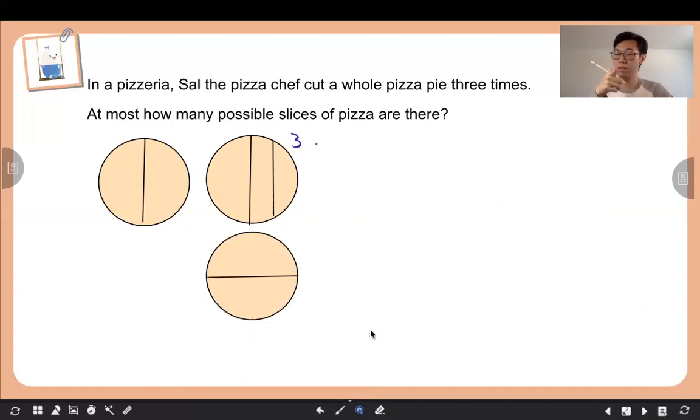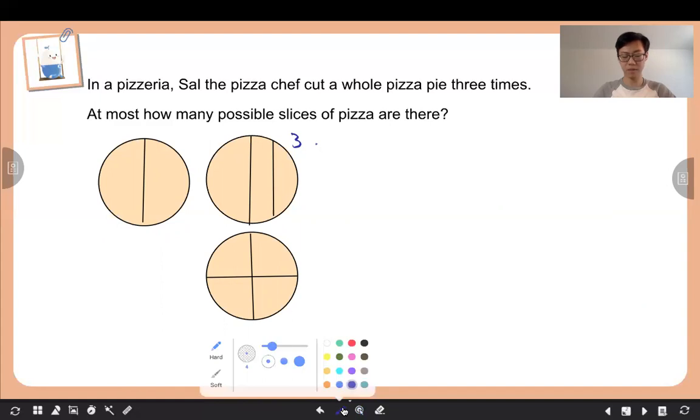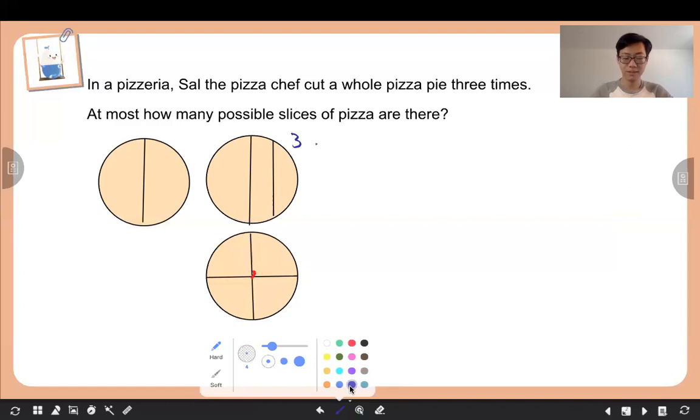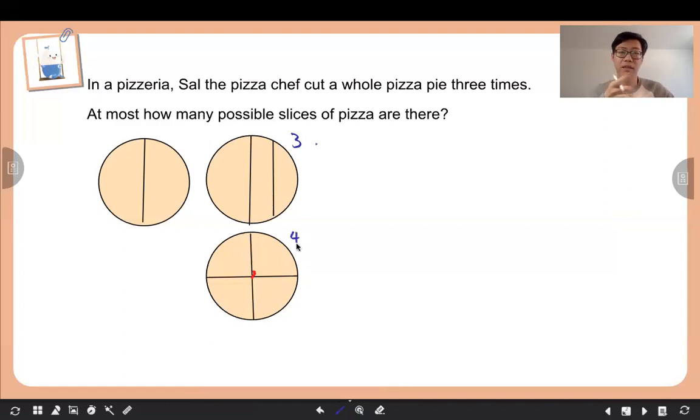Well, look carefully. Right? That's how we normally see our pizza being cut. That is, we have an intersection in the middle. And I'm going to label the red dot as the intersection. And how many pieces do we have now? Right, we have 4. So that is 1 more piece than the previous cut.